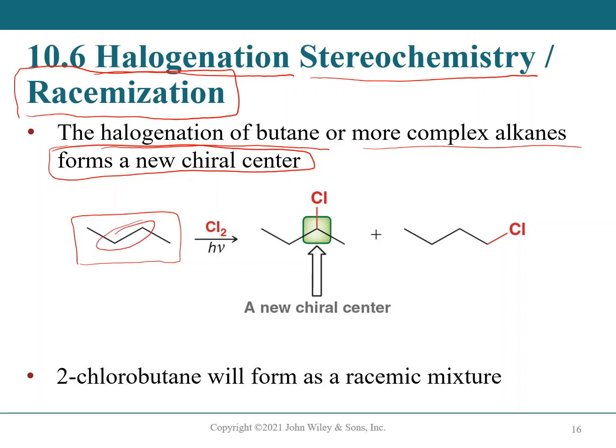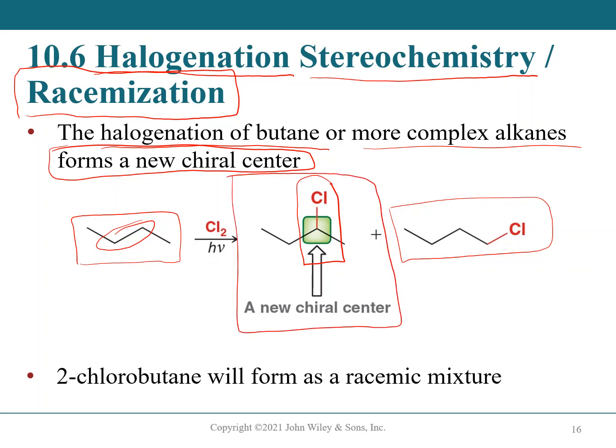If we form the monochlorination product at one of them, we create a new chiral center. That atom now has 4 different substituents bound to it, so it's chiral, and we also produce the primary chlorination product, which is not chiral. So this new chiral center is formed in a 50-50 mixture of both the R and S isomers, so we get an overall racemic mixture out of the chlorination reaction when it comes to the secondary chlorination product.